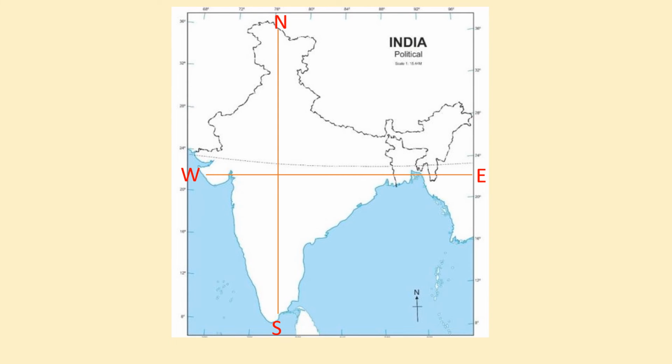Now children, let us revise what we have learned and see where all the places that teacher showed you lie on the map of India. We begin with the Himalayas. I told you Himalayas are mountains. They lie in the north of India. The Arabian Sea.